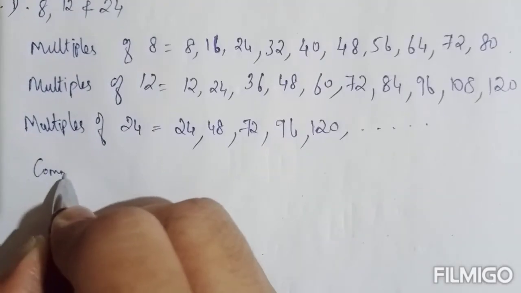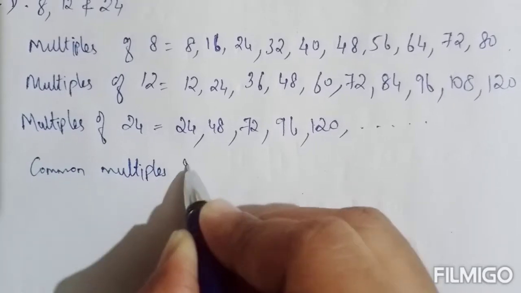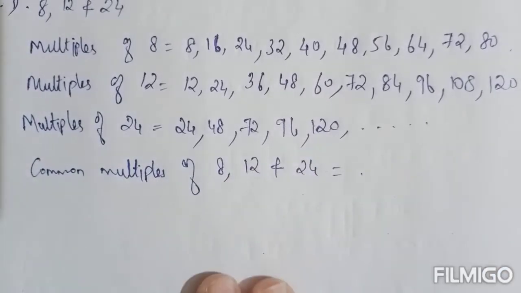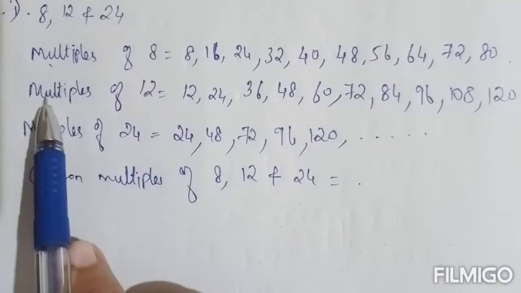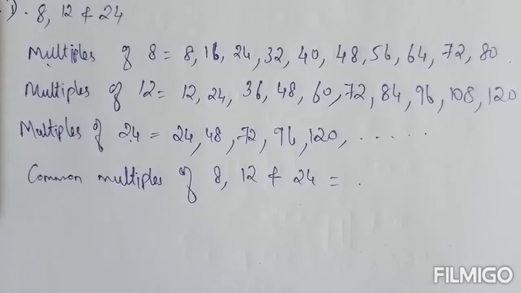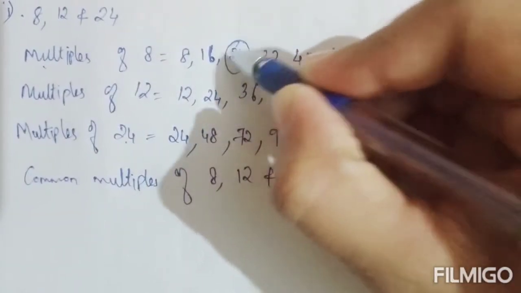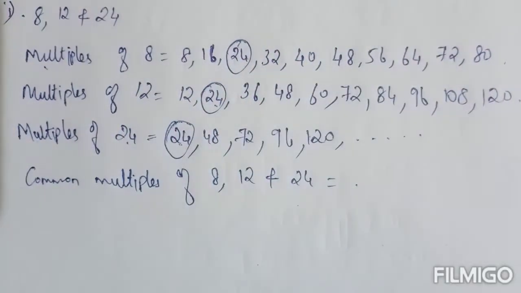Next, what we need to find is common multiples of 8, 12 and 24. Okay, what are the numbers that are coming in both multiples of 8, multiples of 12 and multiples of 24? Let us see. First number, it is 24. 24 is coming in these three numbers, 8, 12 and 24.